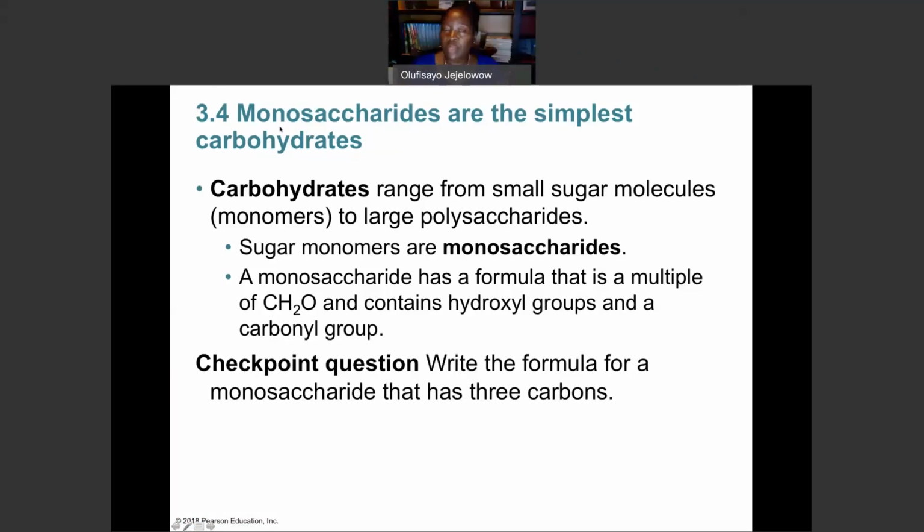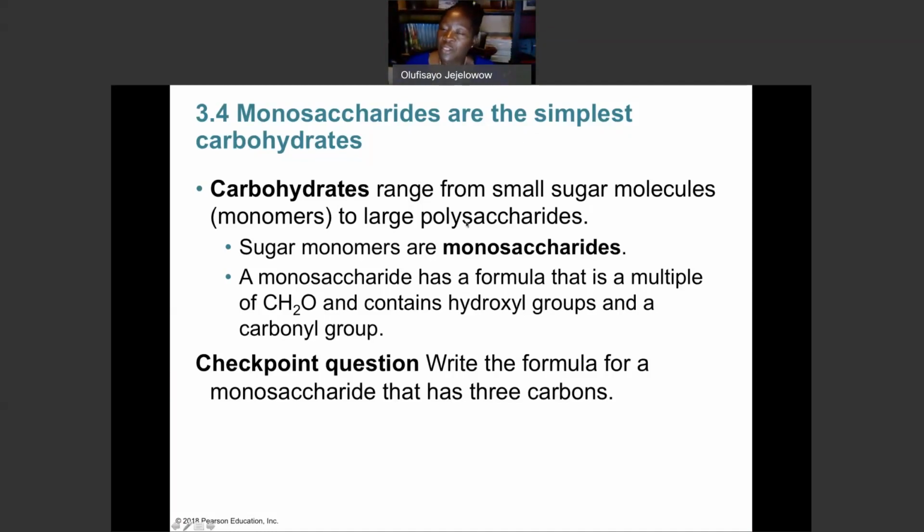The simplest form of carbohydrates are monosaccharides. They're just one unit of sugar, so they're all monomers. They have different numbers of carbon atoms, but they're all one molecule.